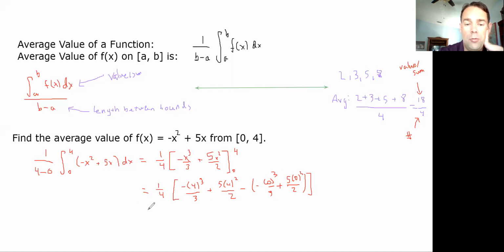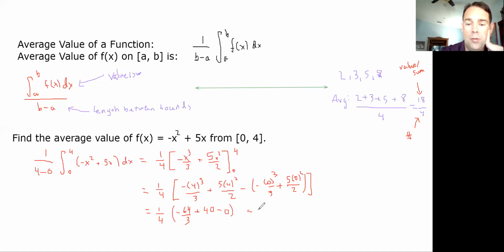So we end up with 1/4 of negative 64/3 plus, let's see here, plug the 5 in there. We have 4 squared, that'd be 16, times 5 is 80, over 2, that'd be 40. Minus 0.